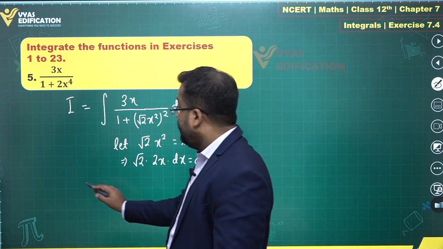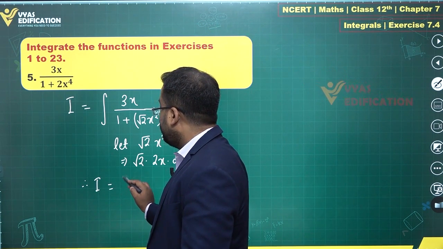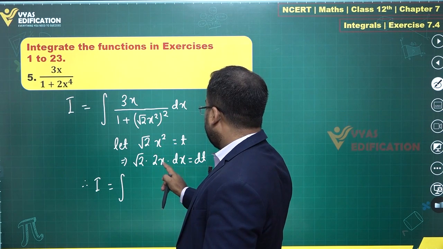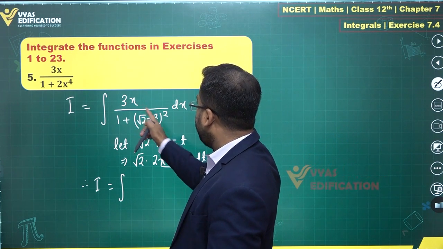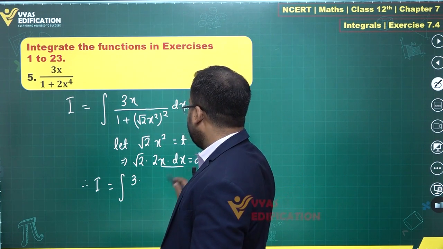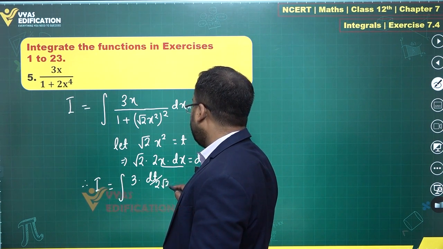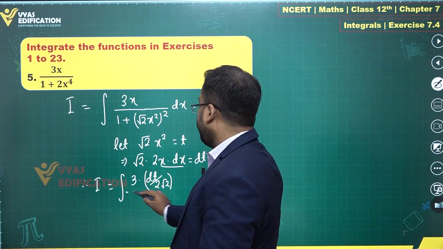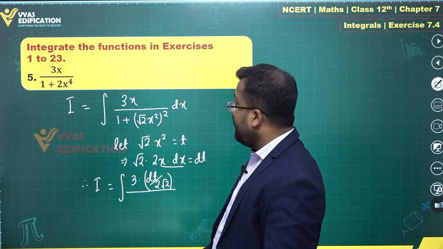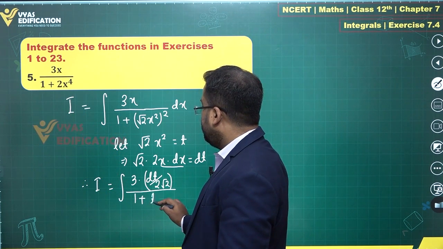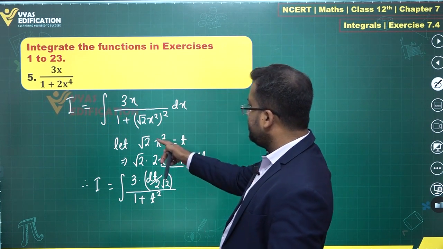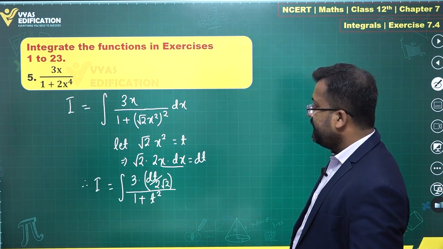Therefore, I is equal to integral of x dx can be replaced by 3 dt upon 2 root 2 from here. In the denominator, you have 1 plus t square. Do you observe that? 1 plus t square, right?